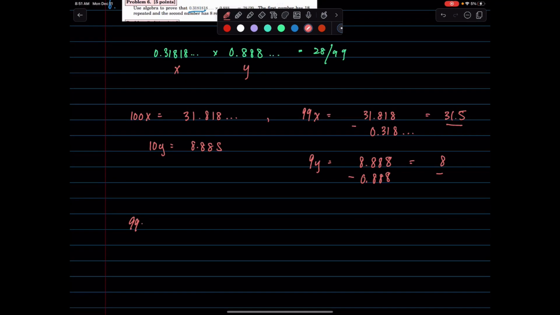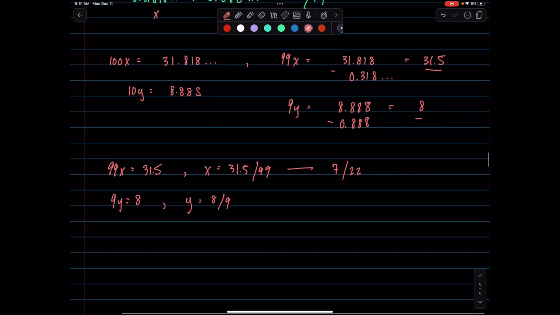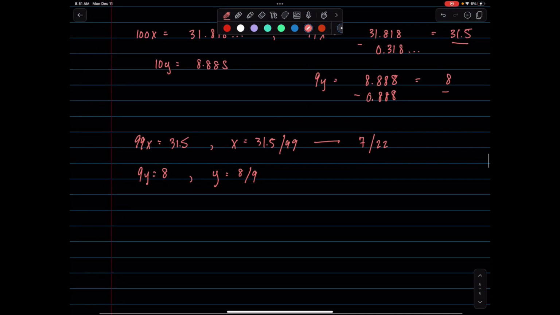So 99x is 31.5 and 9y is 8. So what does that mean y is? Y is equal to 8 over 9, right? And x is equal to 31.5 divided by 99. Simplify that, it comes out to 7 divided by 22.